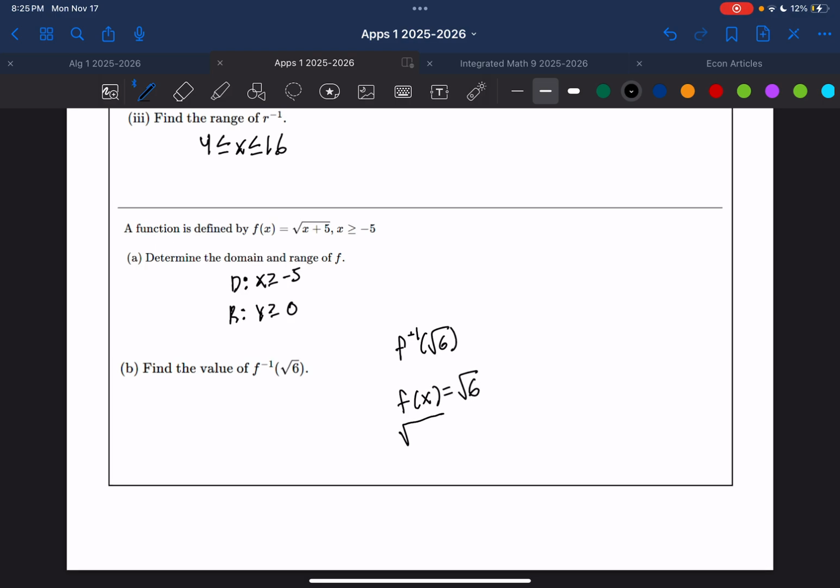Our original function is the square root of x plus 5, which equals the square root of 6 when x is 1. So when we input 1, we output the square root of 6, and that means if we input the square root of 6 into our inverse function, we're going to output 1.